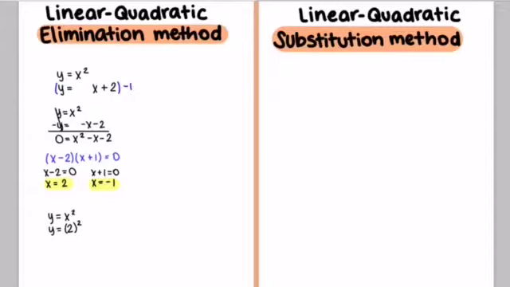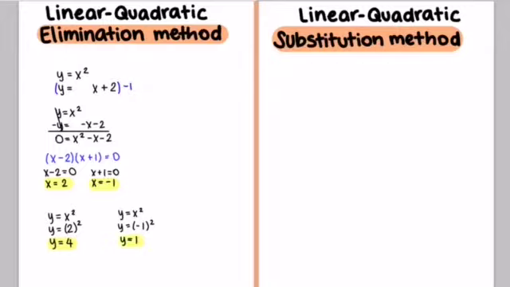So we have y equals x squared, and we change the x into 2, which makes y equals 2 squared, which equals 4. Now we do the same process with x equals minus 1, which in the end gets us y equals 1.